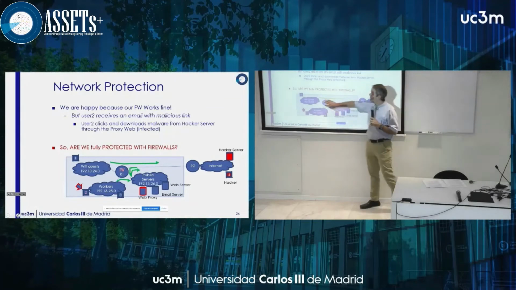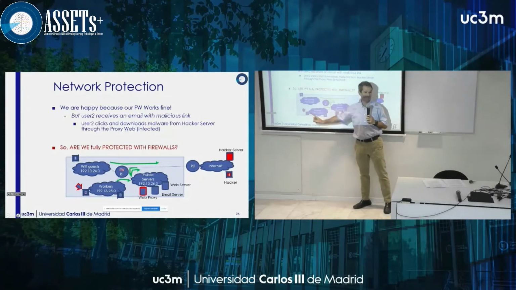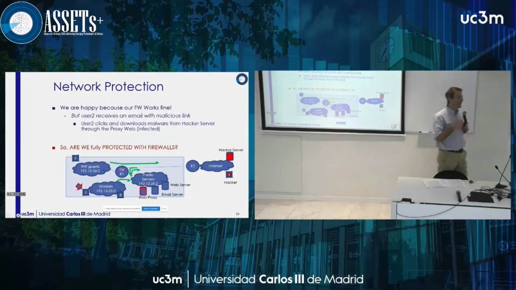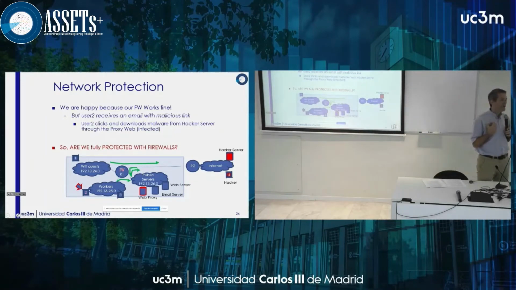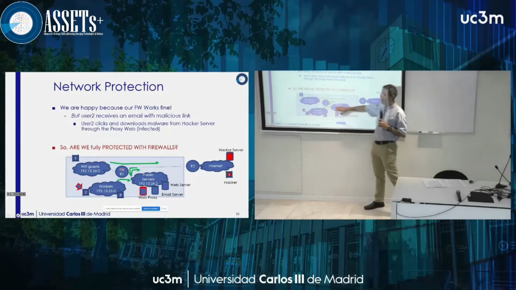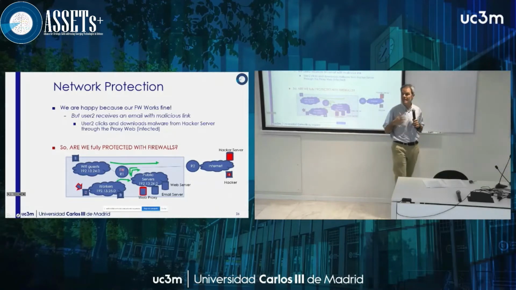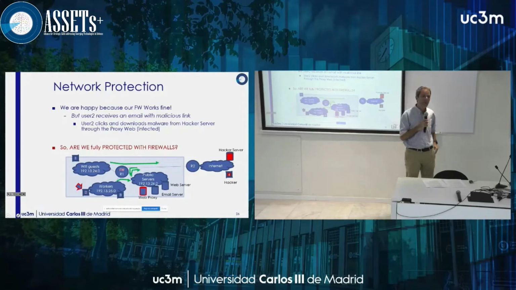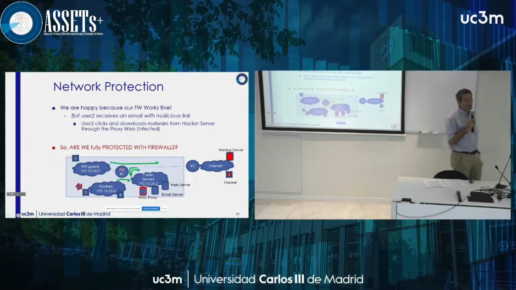What happened? What failed? I have a firewall. Okay, you have a firewall, but you have user 2. So user 2 directly downloaded the malware, bypassing the firewall. So firewalls have limitations. We are not fully protected just with a firewall. We need something more.